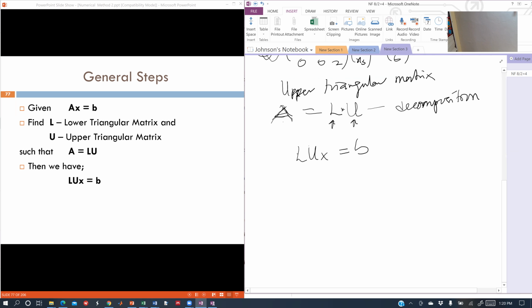So what you do is you set this side to be equal to a certain unknown vector.